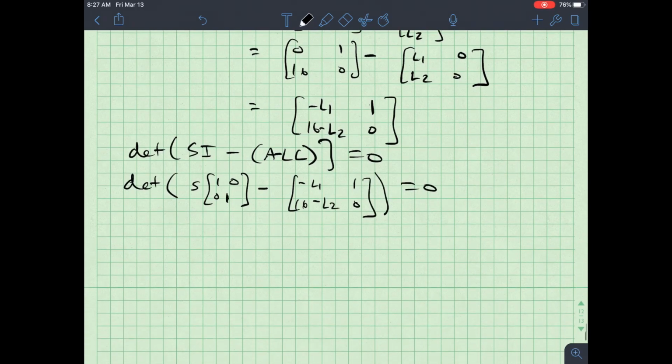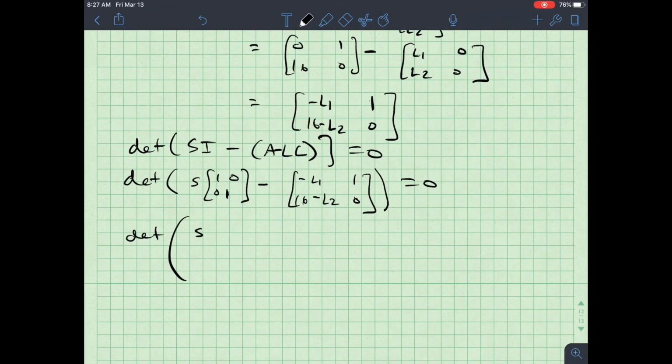I'm going to just go ahead and combine these. I've got s minus minus L1, so s plus L1. I've got 0 minus 1, so negative 1. I've got 0 minus (16 minus L2), so that should be L2 minus 16. And then I've got s minus 0, so just s. I want to set that equal to 0.